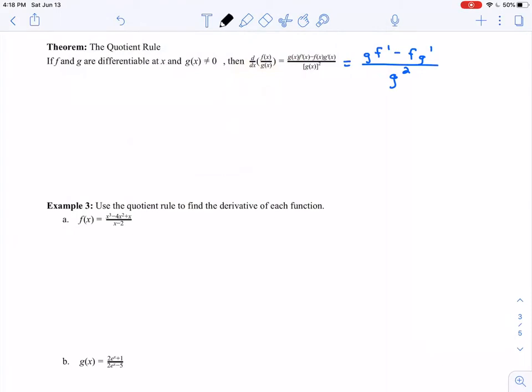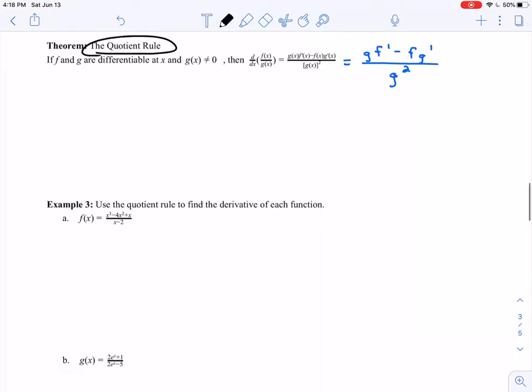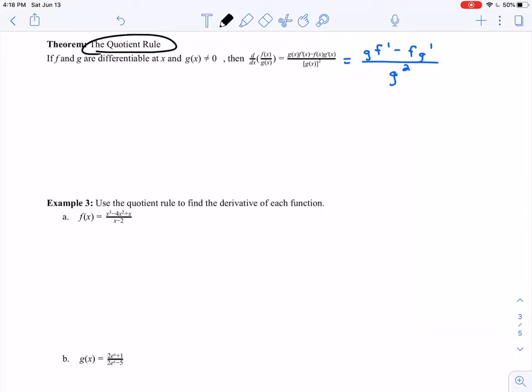So luckily for you guys, I've got you covered. I've got a fun little rhyme here that will help us remember the quotient rule. It's something that I learned back when I was in AP Calculus, and I've never forgotten the quotient rule since then. So I'm going to write it down.